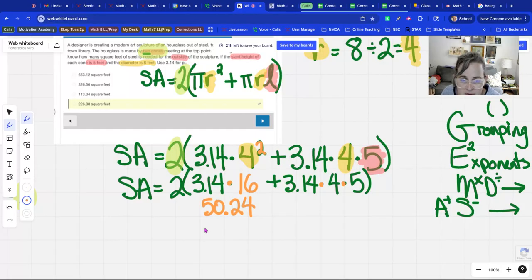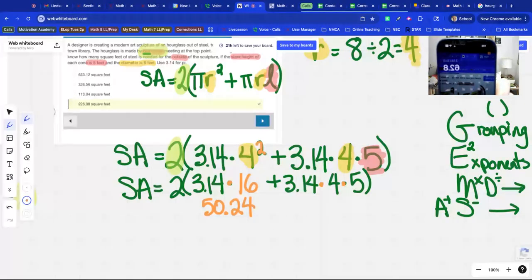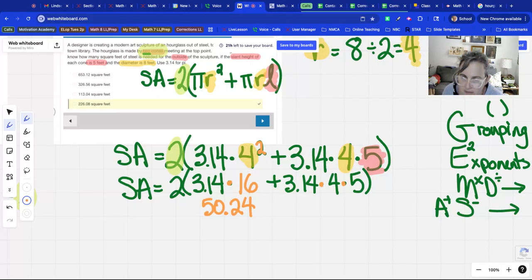Okay, let's see what 3.14 times 4 times 5 is. And that is showing up as 62.8. Okay, that's all I'm going to do in this step.